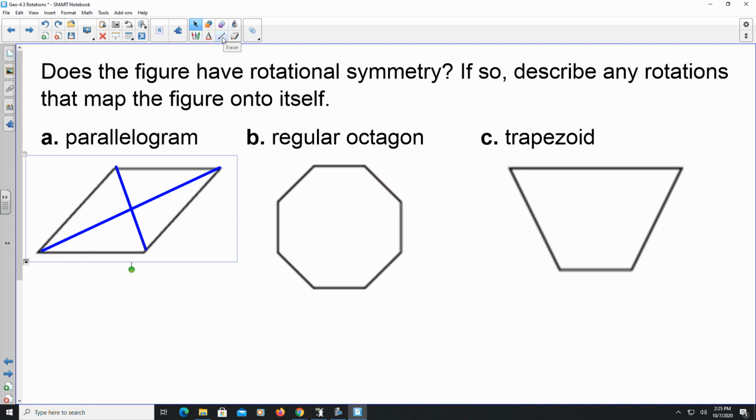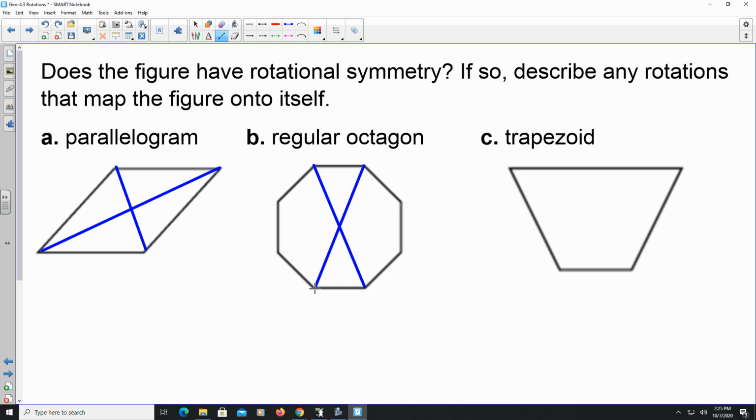If I look at this one here, if I go from here to here, and then say something like here to here, maybe it's not quite in the middle, but something close like there. So you could say that that is my center of symmetry.